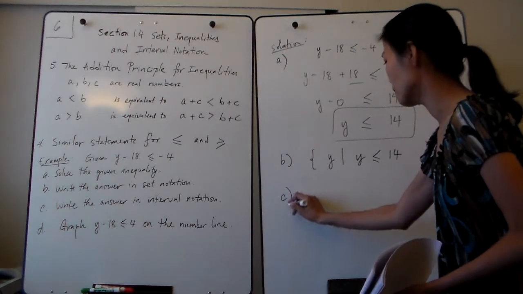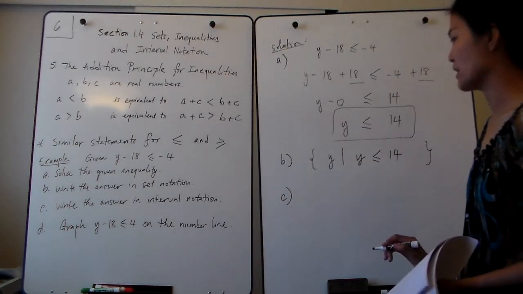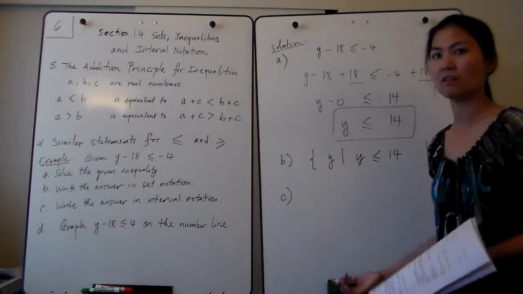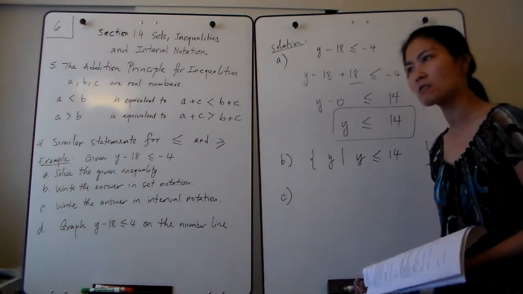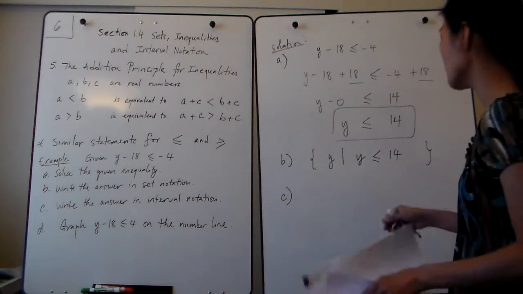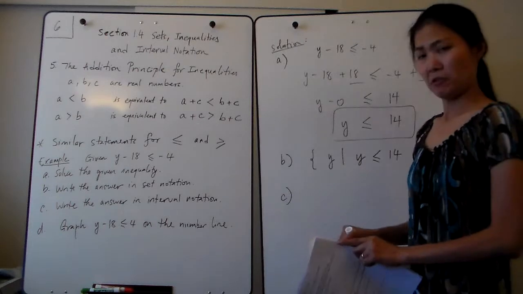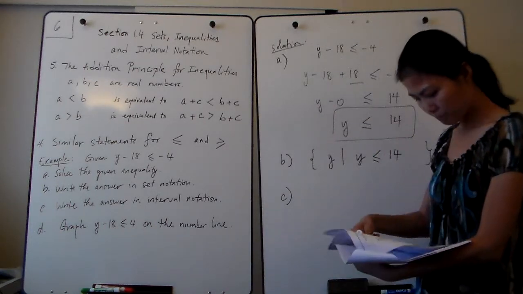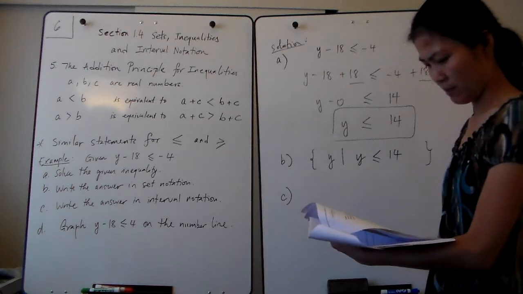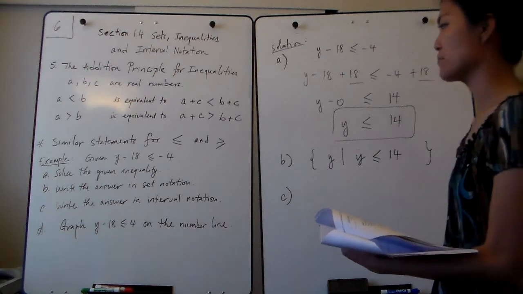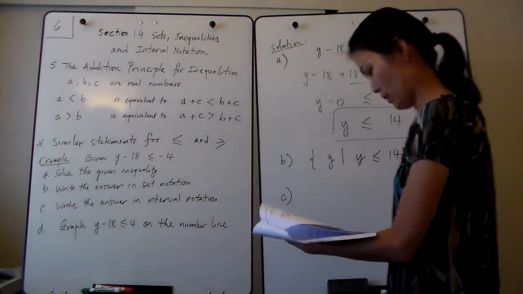For part C, write the answer in interval notation. So interval notation is something that involves parentheses or brackets. So in this case, y is less than or equal to 14. Now, if you have a problem with that, go to page 5 and look at the table and see which one you'll use to write the answer for the interval notation.